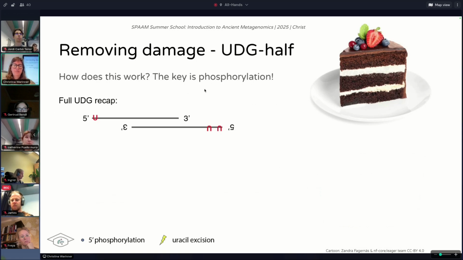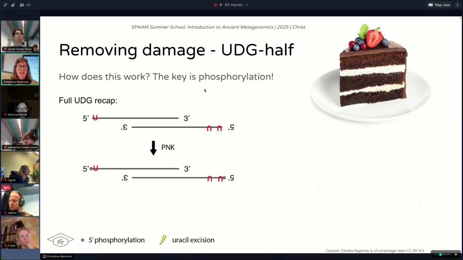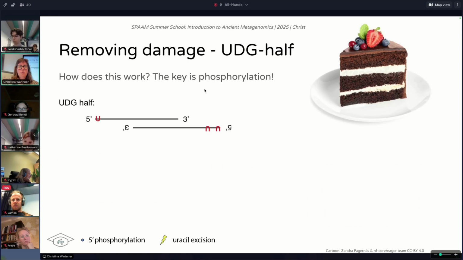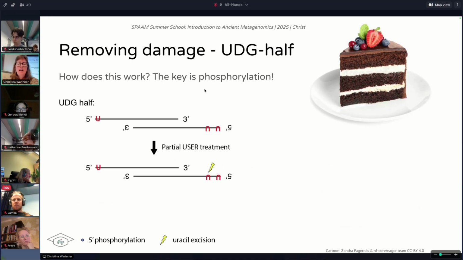The key here is phosphorylation. So basically with the full UDG, you first use PNK to phosphorylate the ends, and then you use USER treatment to clip out the uracils. And so you remove it all. What you do with UDG half is that you just don't add the PNK. It does not phosphorylate. And then USER treatment can only affect uracils that have been phosphorylated.